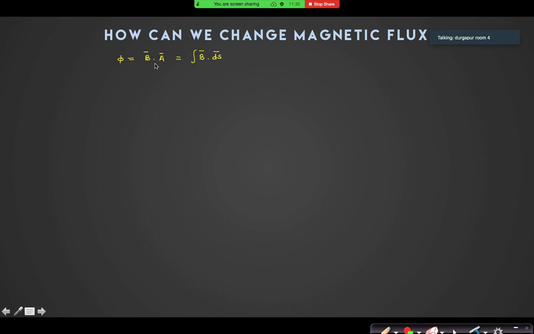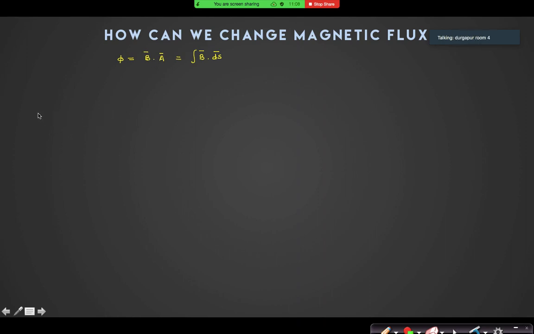So there are three ways, I think, to change this flux. The first is you keep the area constant and change the magnetic field. Next, you keep the magnetic field uniform or constant and change the area vector. And the third is you keep the field constant and the area constant, and only change the angle between the B vector and A vector.